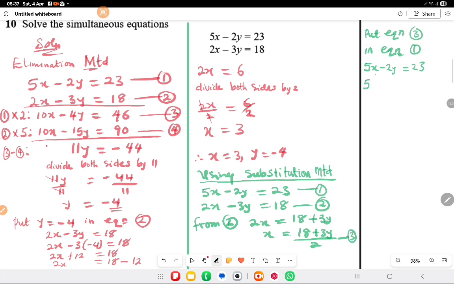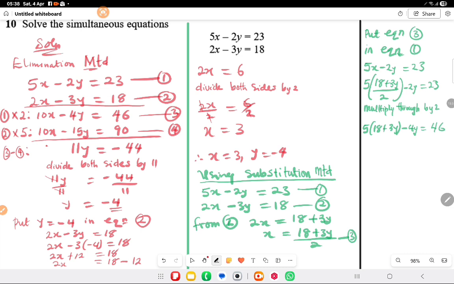We have 5 into 18 plus 3y all over 2 minus 2y equals 23. Next step, we multiply through by the denominator, which is 2. If we multiply through by 2, we have 5 into 18 plus 3y minus 2 times 2y gives us 4y equal to 2 times 23 gives us 46.